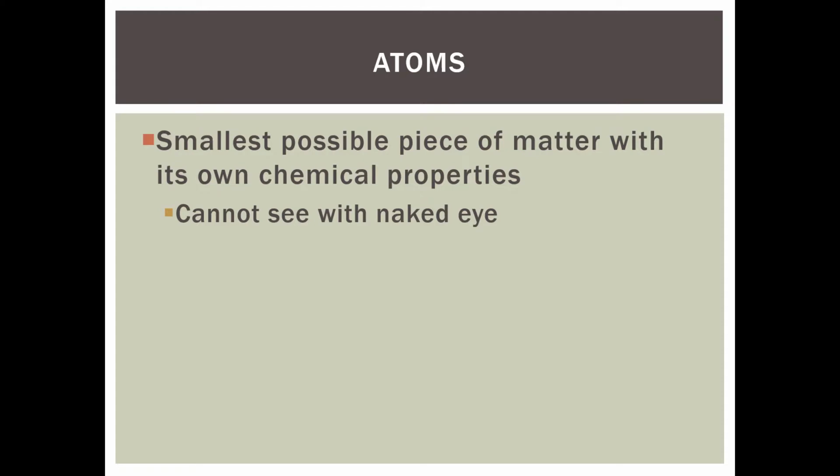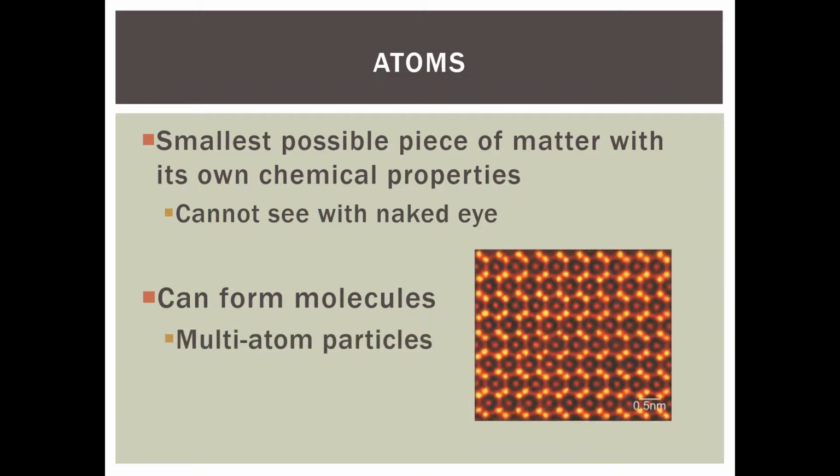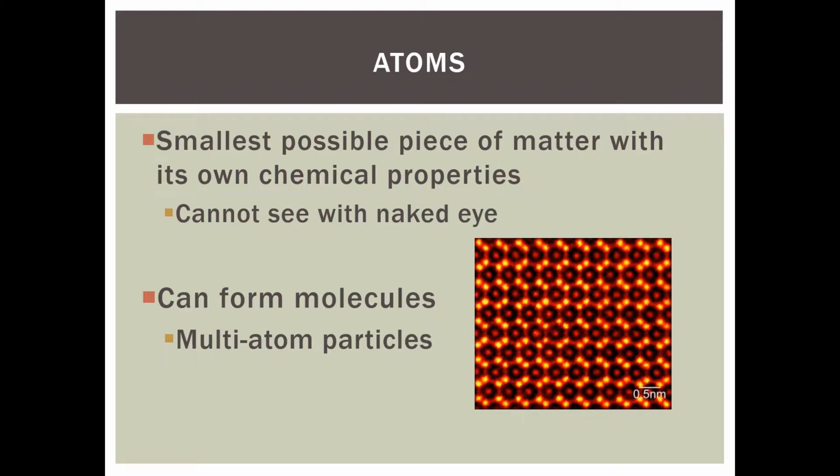We cannot see this with the naked eye, but they can form larger structures called molecules, which are still really small, and we can't see those with the naked eye. Not individual molecules, but we can see the things that they make up. This picture here, I believe, is a sheet of carbon.